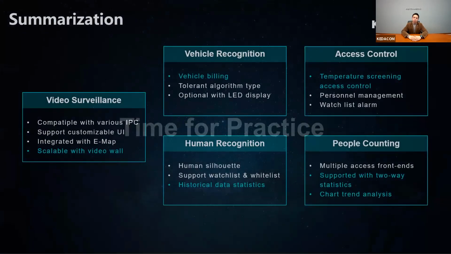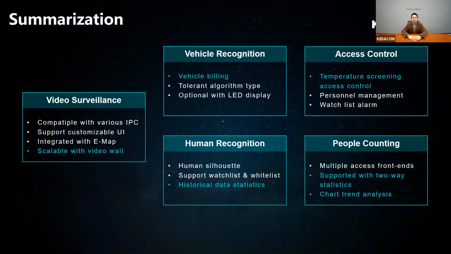Okay, so in conclusion, here are some key remarks. Today, totally 5 modules of vStation we've instructed for you, which are video surveillance, vehicle recognition, access control, people counting, and except for the basic video surveillance part, we are glad to see that the other 4 modules all contain intelligent algorithm to provide the great detection and recognition performance for multiple important scenarios.